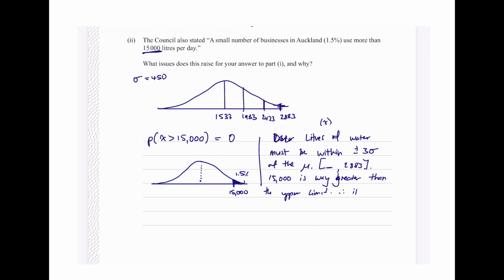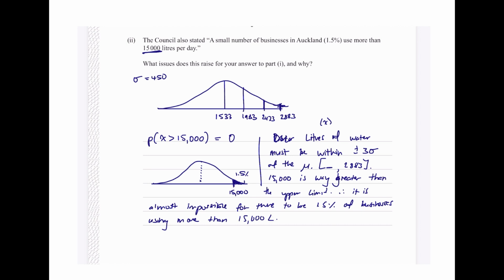Therefore, it is almost impossible for there to be 1.5% of businesses using more than 15,000 litres.